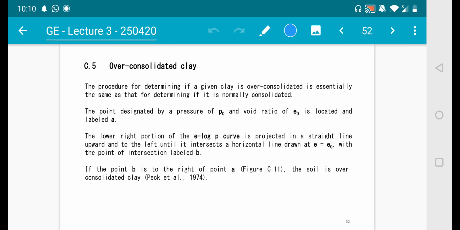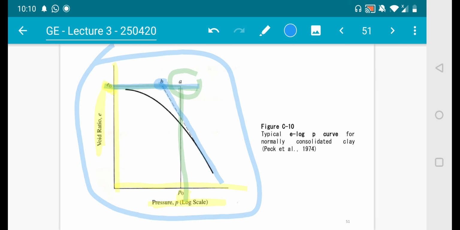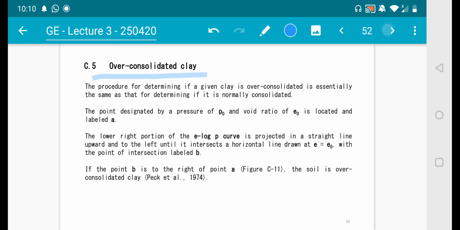Now the same process for overconsolidated clay. I think you can guess already. If B falls on the left side of A, it is normally consolidated. If you have the vice versa, if B falls on the right side, it's actually, yes, very good, overconsolidated clay. Very simple.